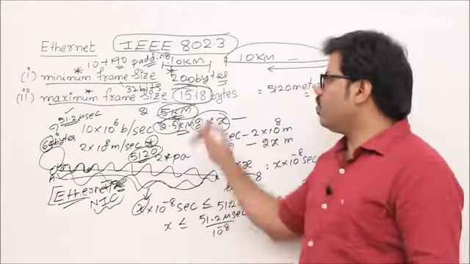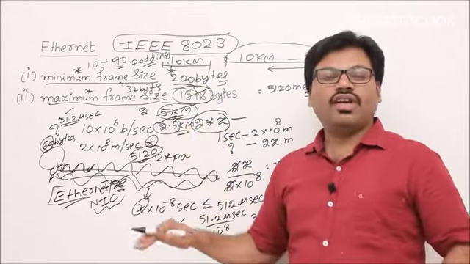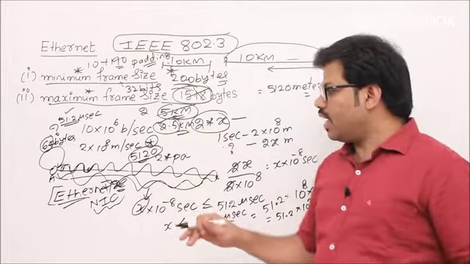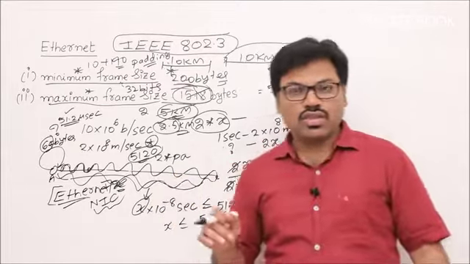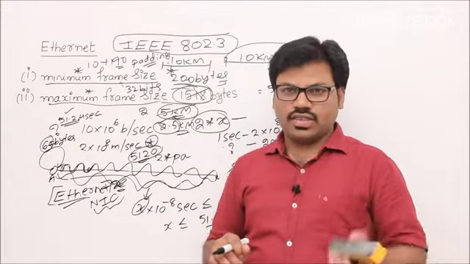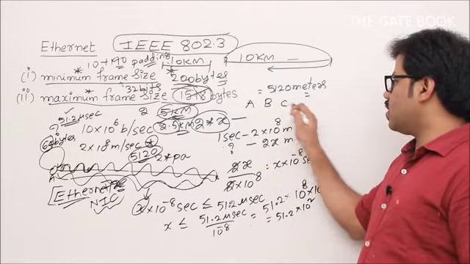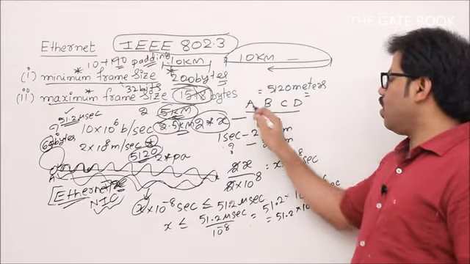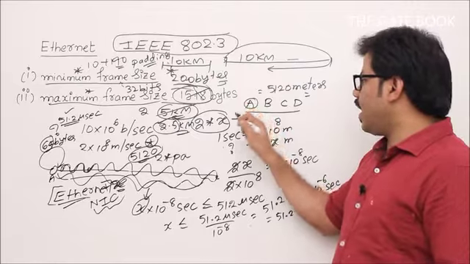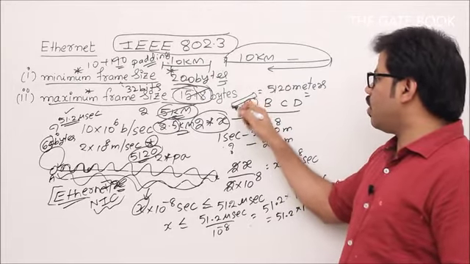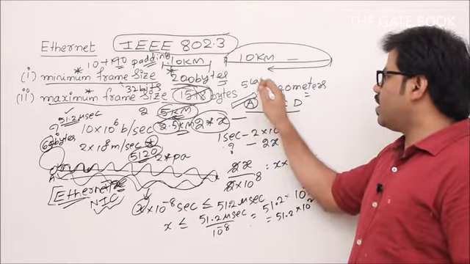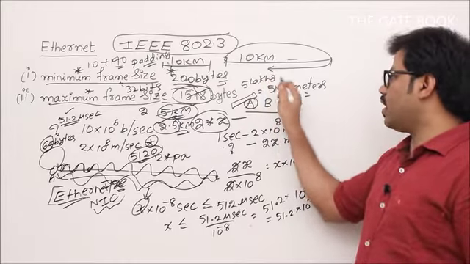Example, if there is no such restriction, anyone can have any length frame, and then some computers will definitely monopolize. Let's say this is your Ethernet and these are stations A, B, C, D. Currently station A has data exactly equal to 5 lakh bytes, very huge data.